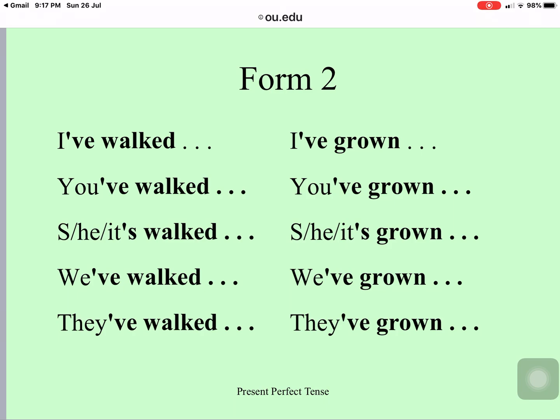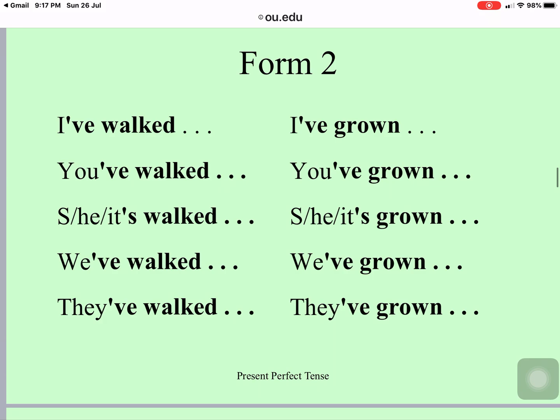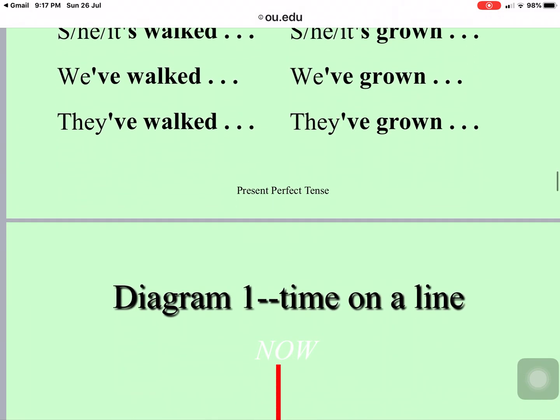The V3 form of the verb grow is grown. For example, V1 grow, V2 grew, V3 grown. So these sentences are like this. You must be aware of the V3 form of the verb in case of present perfect tense.